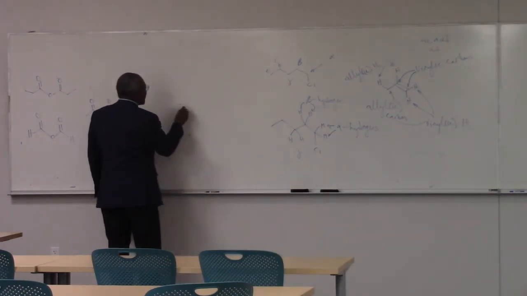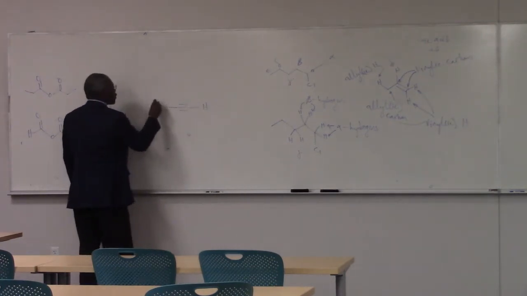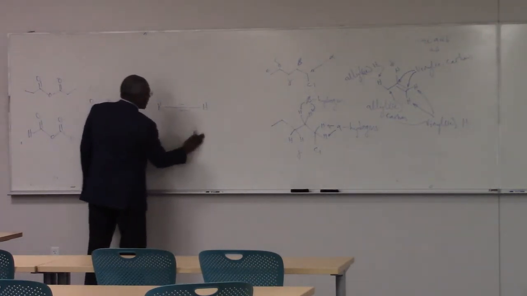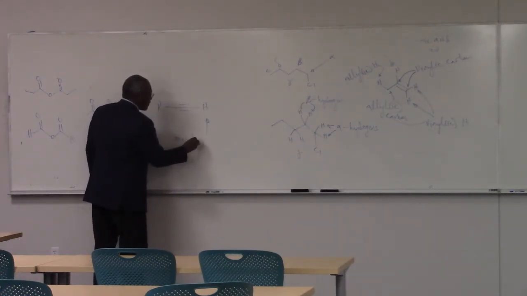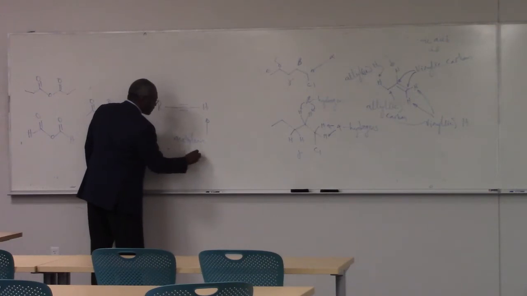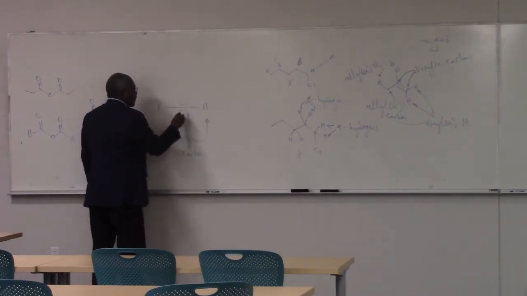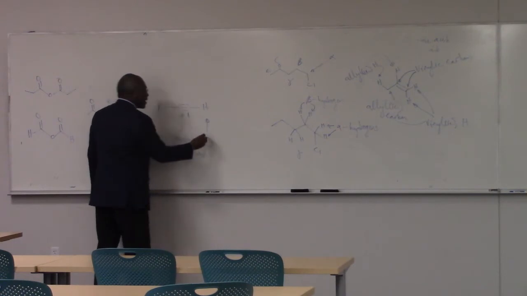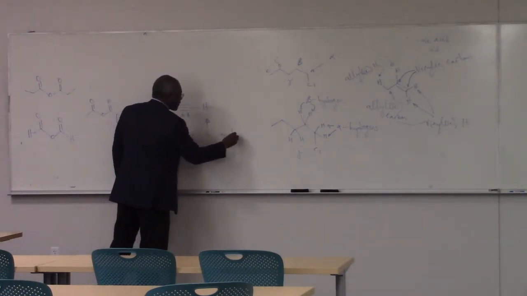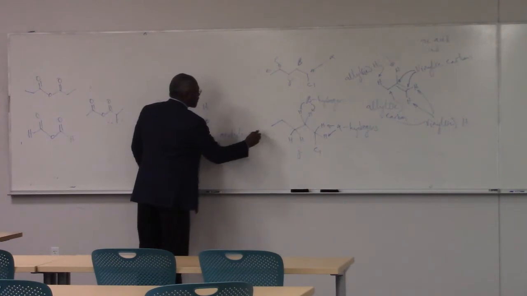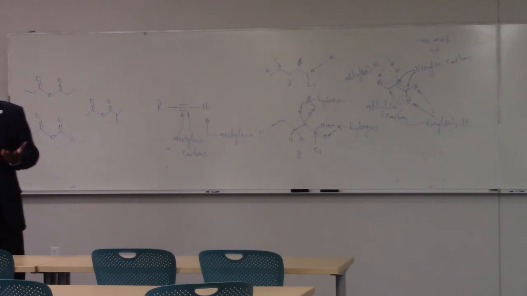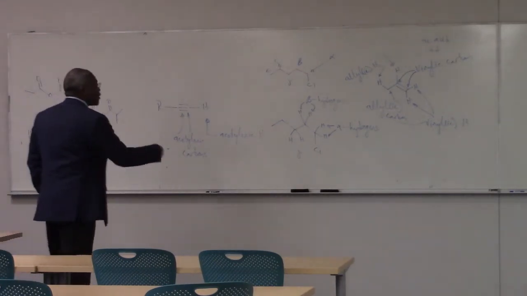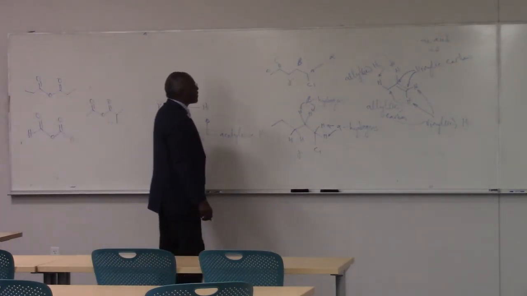And finally, if I have, for example, a terminal alkyne, because these carbons are called acetylenic carbons, the H attached to it is called an acetylenic H. So the H's take the name, or for that matter, the group takes the name of the carbon to which it's attached.